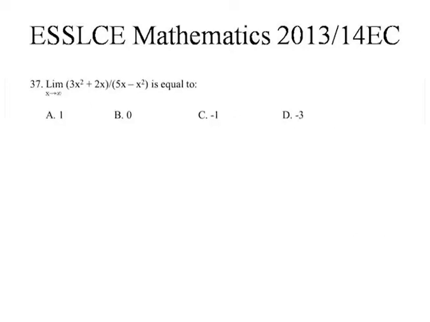Question number 37. Limit of 3x squared plus 2x divided by 5x minus x squared. x is there in all terms of numerator and denominator.